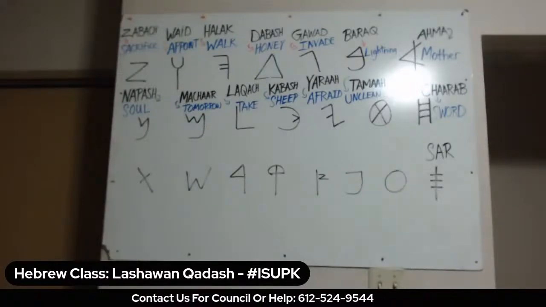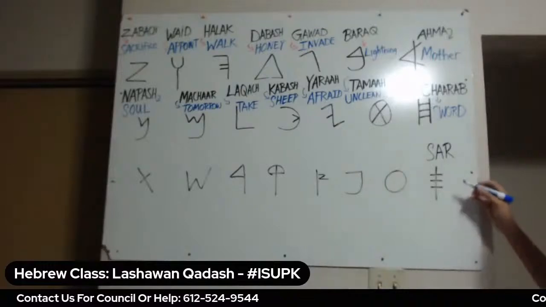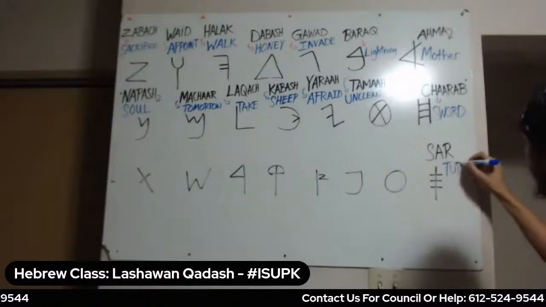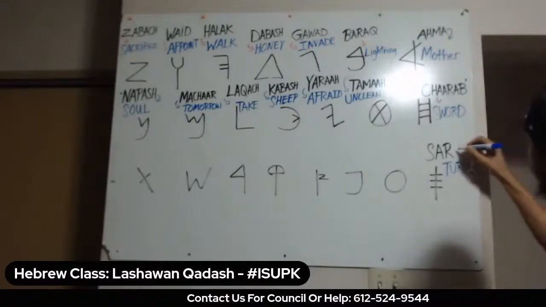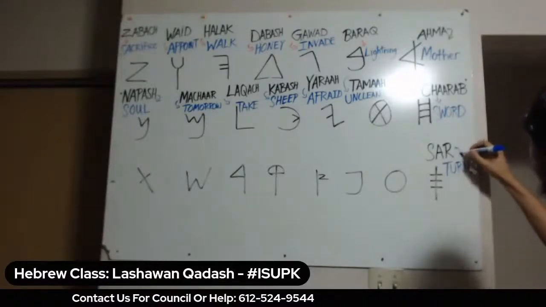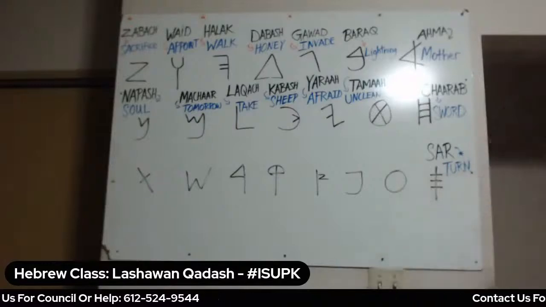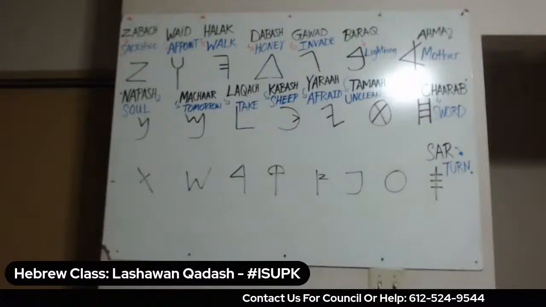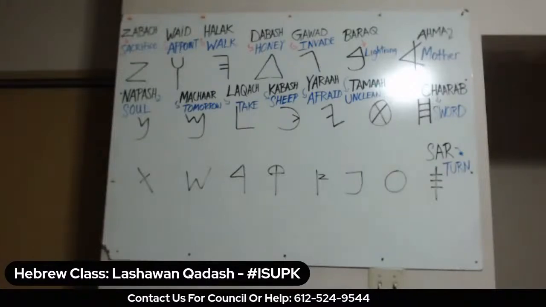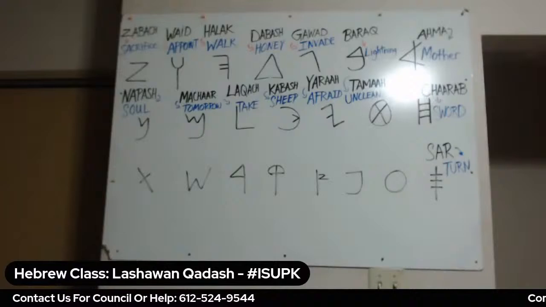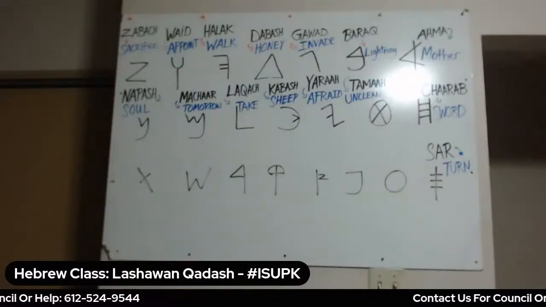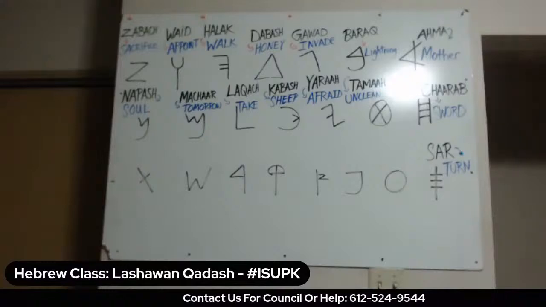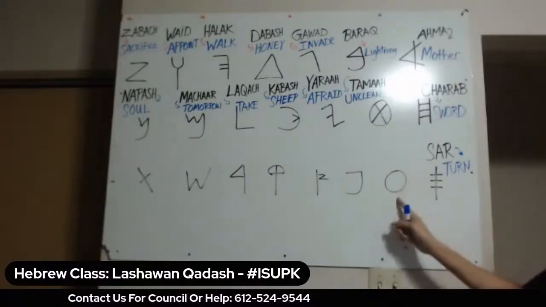Sar means turn in Hebrew. Sometimes you may have to turn your body to salute brothers, or most times you have to turn your body to salute sisters at the end of class. Okay? Sar, turn, you know what I mean?